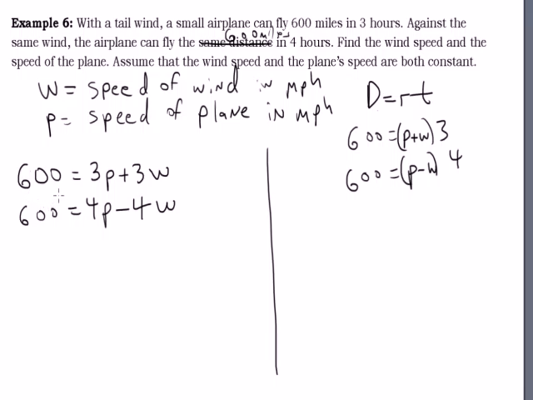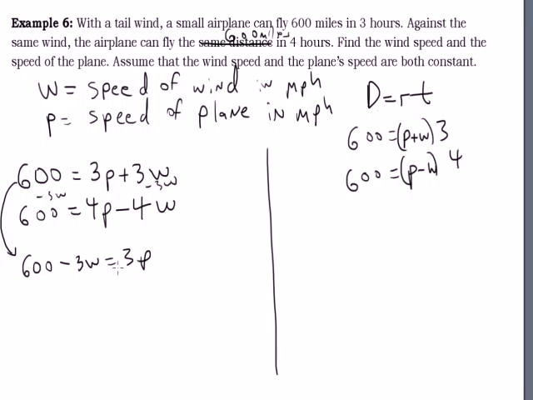Looking at these two equations, let's pick the first one, and I'm going to solve that for one of the variables. Let's pick p. So if I want to solve that for p, let's subtract the 3w from both sides. That gives me 600 minus 3w equals 3p.